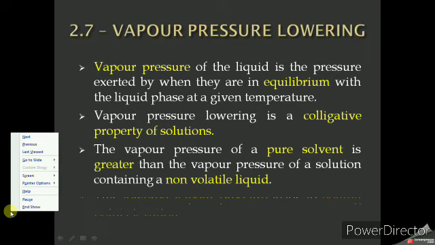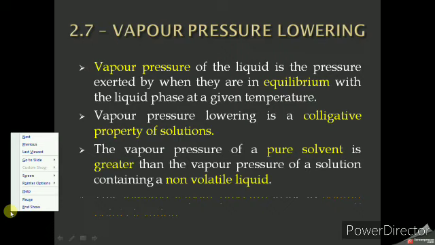So why is the vapor pressure of a solution containing a non-volatile solute lower than that of the pure solvent? The vapor pressure of a liquid depends on the rate at which the molecules escape from the surface of the liquid.